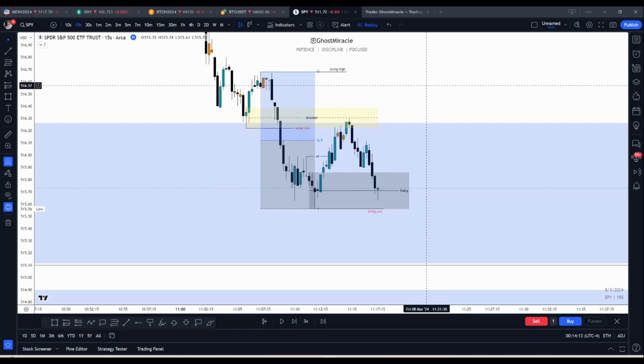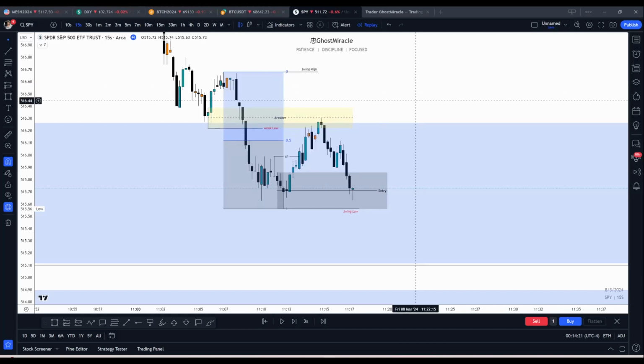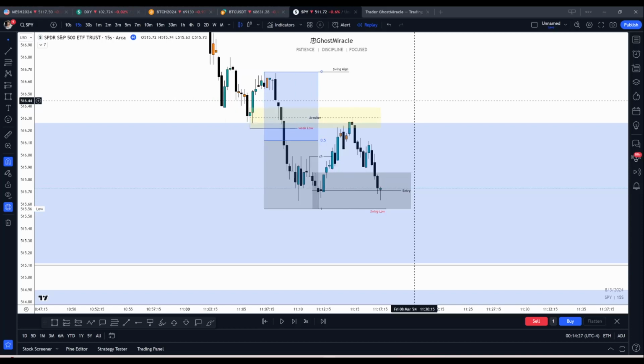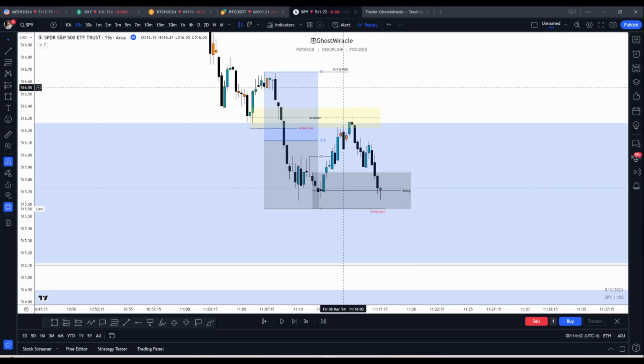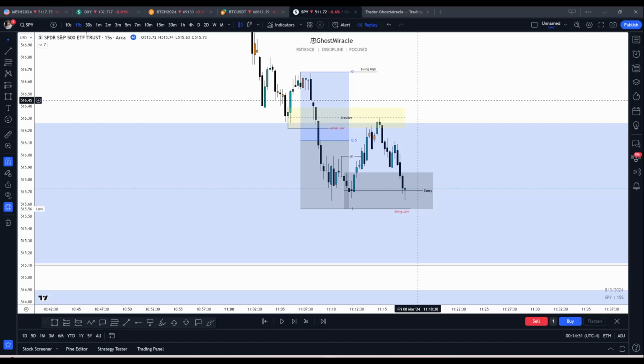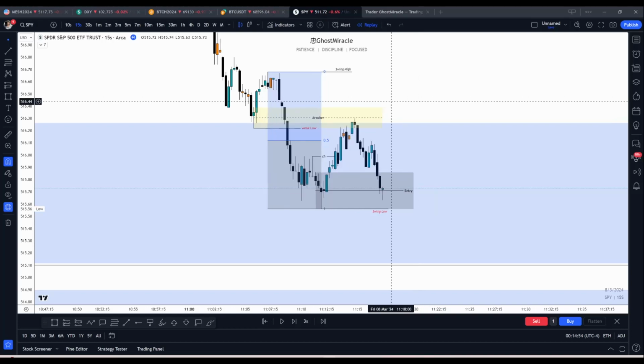Remember when I said that on the lower time frame, like 15-second, 30-second, I look for a CHoCH plus internal break before I take my entry? Normally on the 1-minute time frame, which is where I'm taking my entries, the internal break is the 1-minute CHoCH, depending on how low you go in the seconds.